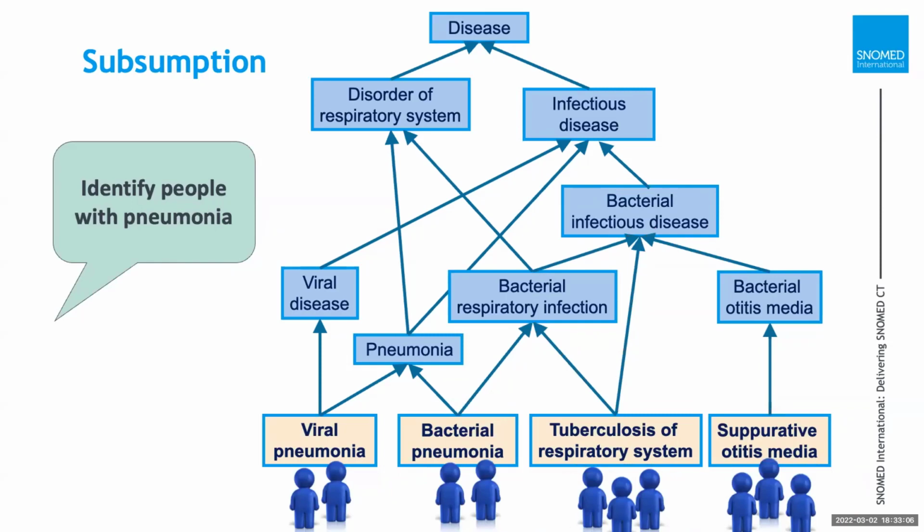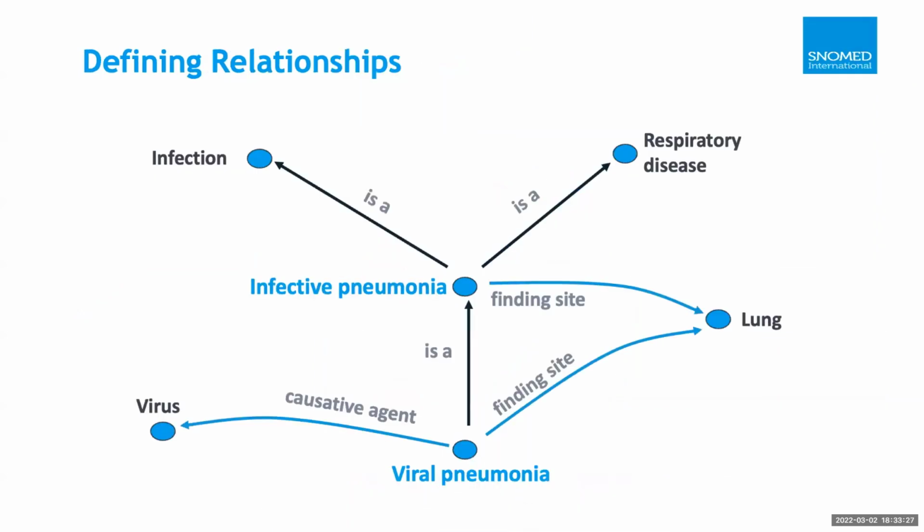The last example is that we search for people with pneumonia. This is just to show you that it's easy to use the hierarchies in SNOMED CT to group together patient records with different levels of granularity and different perspectives, depending on what information you're looking for.